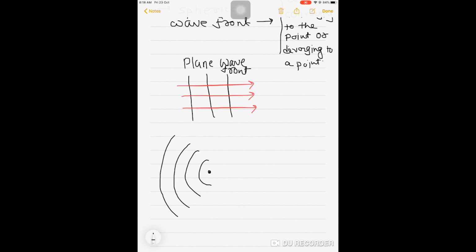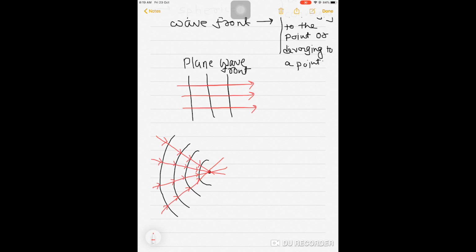If we consider this is the point, then here we can draw a light like this. So these are coming inward and each one is perpendicular to the plane at the given local point. So that is considered as a converging type of nature.